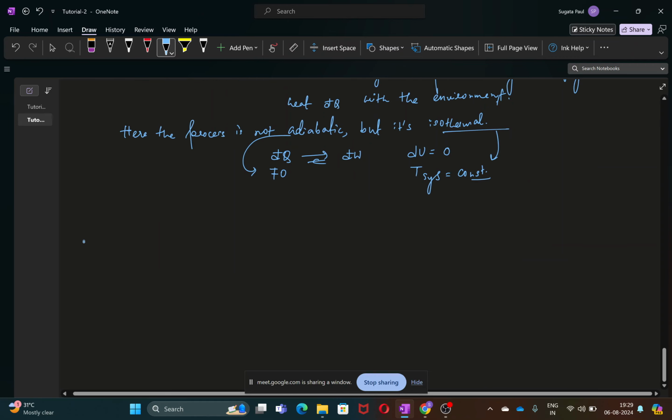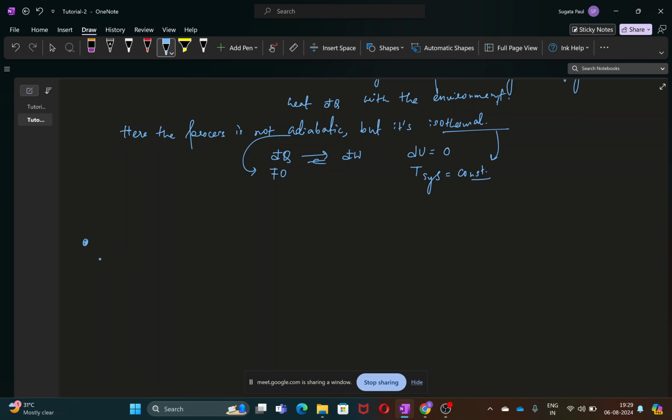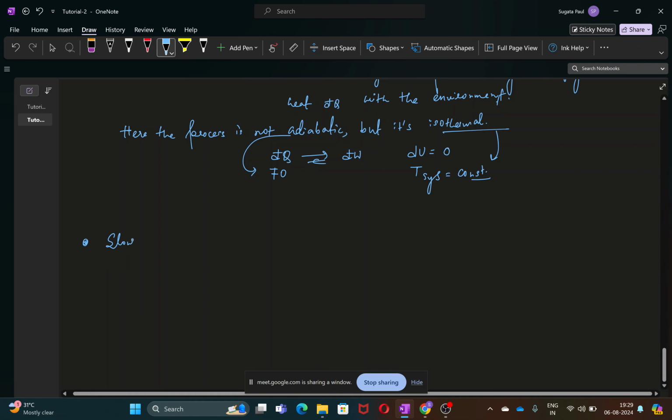Now this part was fine. The next step is that after you have magnetized the paramagnetic sample, you slowly switch off the external magnetic field H vector that was applied around the sample.